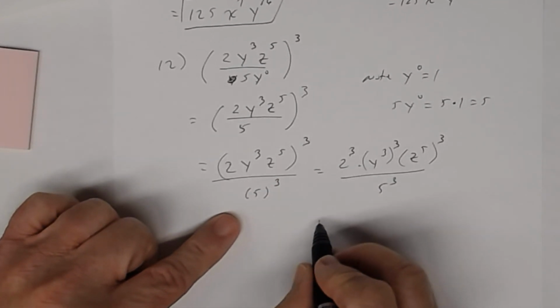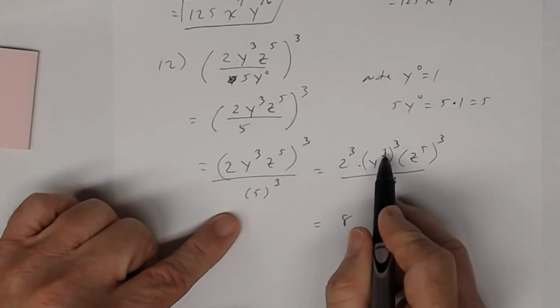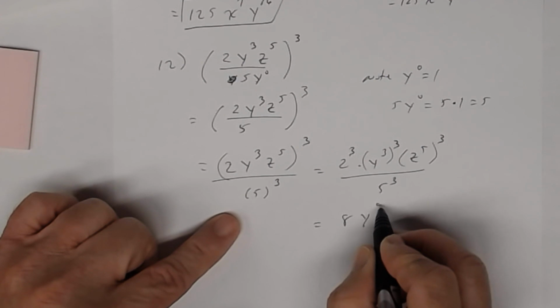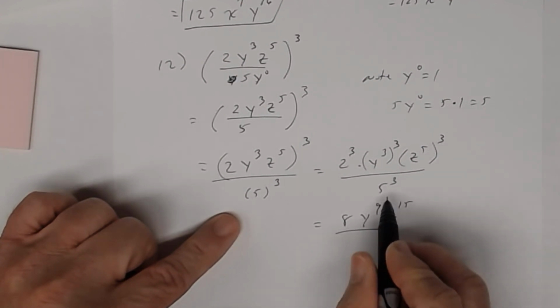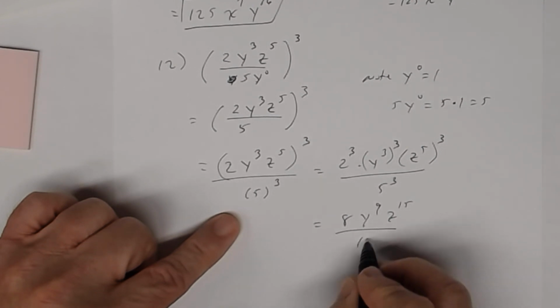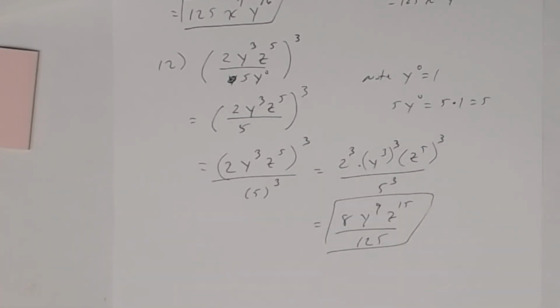Well, 2 to the 3rd is 8. Y to the 3rd raised to the 3rd power, 3 times 3 is 9. 5 times 3 is 15, so that's z to the 15th, divided by 5 cubed, which is 125. So there's your answer. That's all you do. It's not difficult at all. It's just using all the different properties that you've learned about. Okay, let's look at 13.